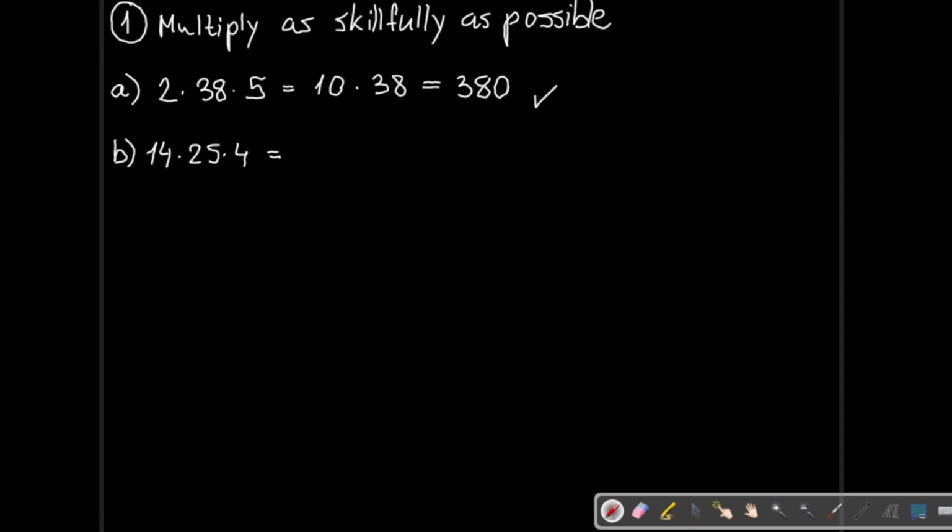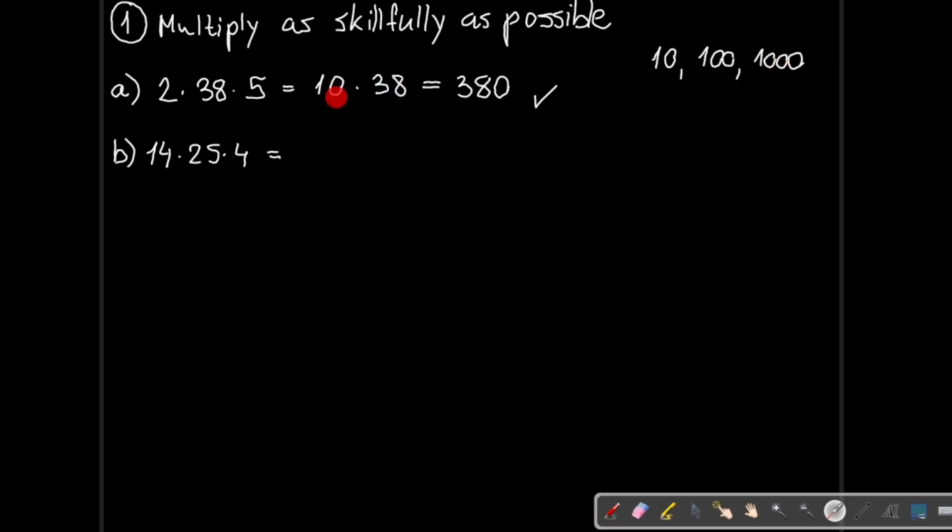Now, in the previous example we saw that in general multiplying by numbers like 10, 100, 1000 is very simple. We just add the amount of zeros right here to our other number.